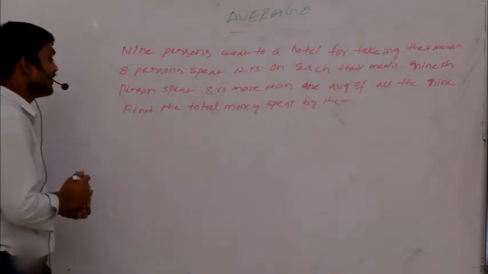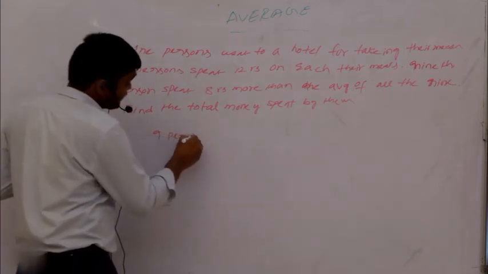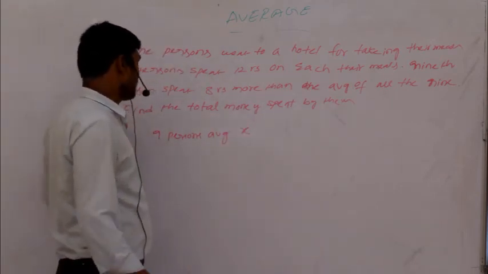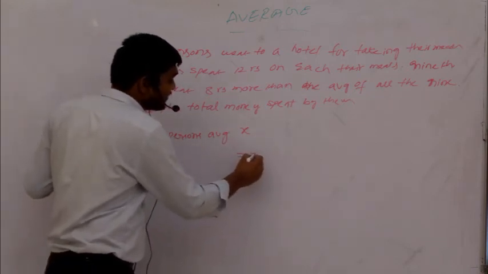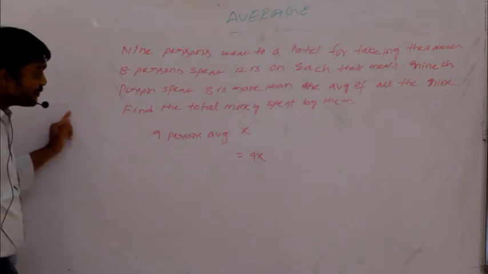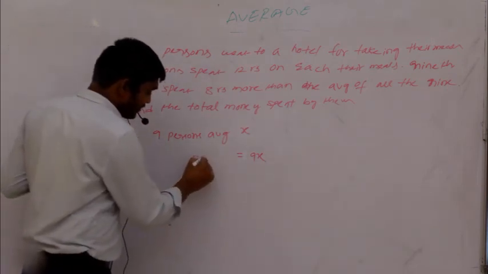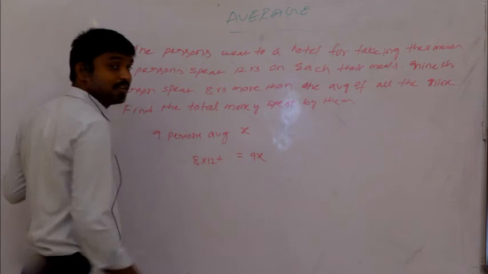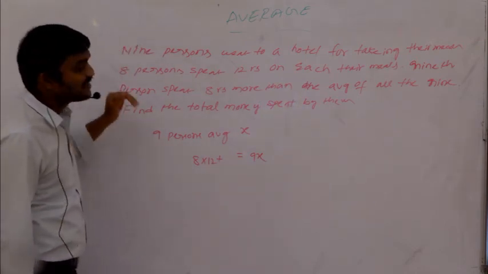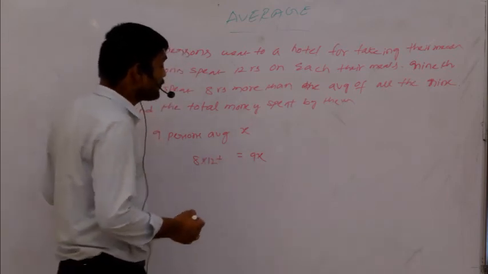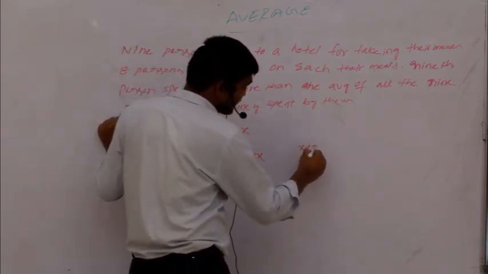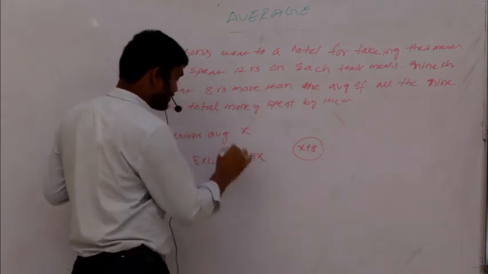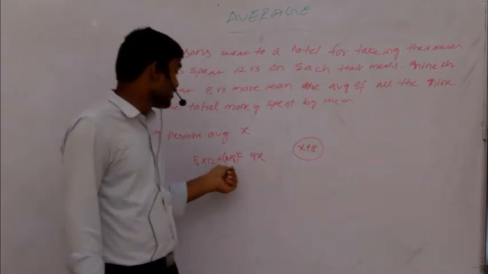So you can take the 9 persons' average as x. The total money of 9 persons is 9x. 8 persons spent 12 rupees each, that's 8 into 12. The ninth person spent 8 rupees more than the average of all the 9, which means x plus 8.